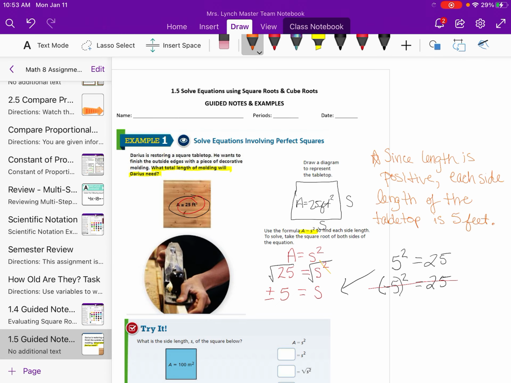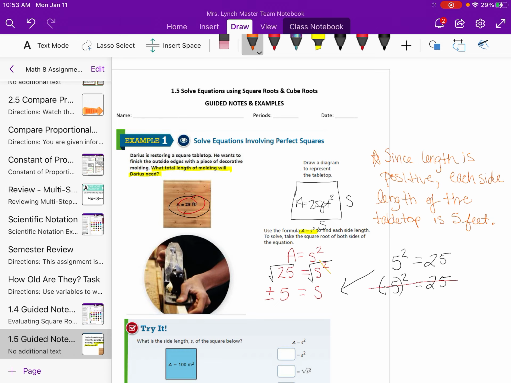Okay, so let's piece that together. We knew it can't be the negative 5, the plus or minus, so that minus is now gone because it can't be negative length. So each side of the tabletop is 5 feet. But go back to where I highlighted: what is the question we're trying to answer? What is the total length?